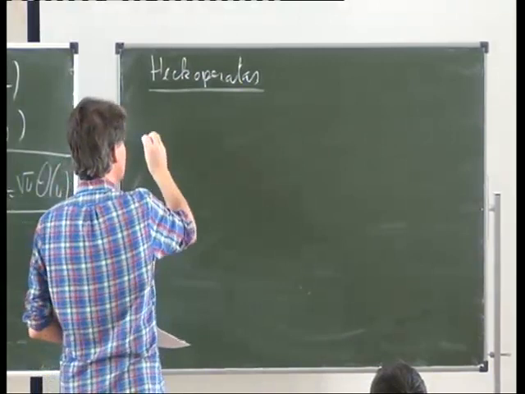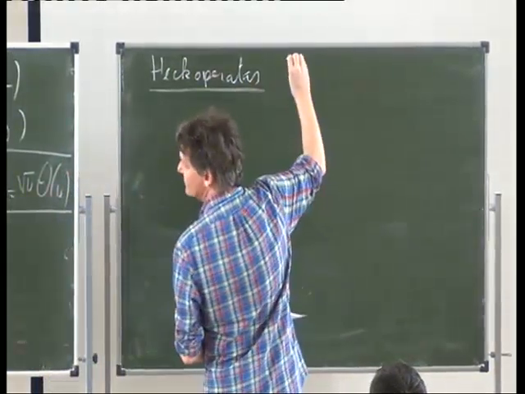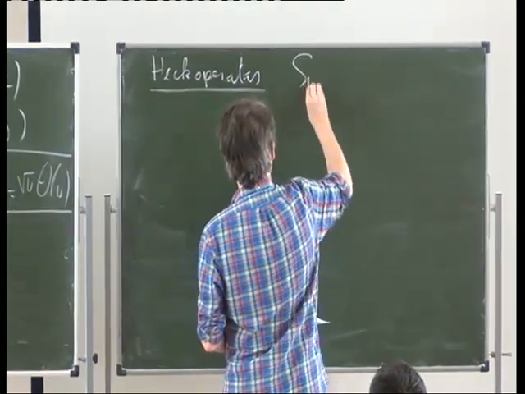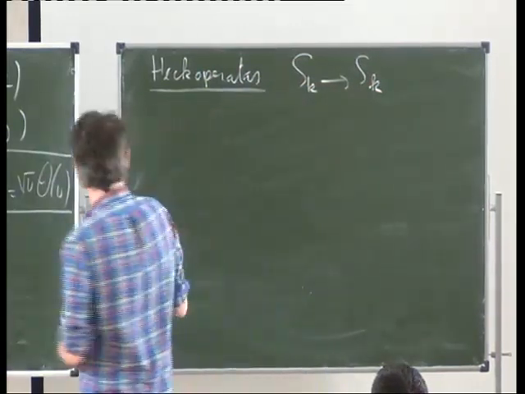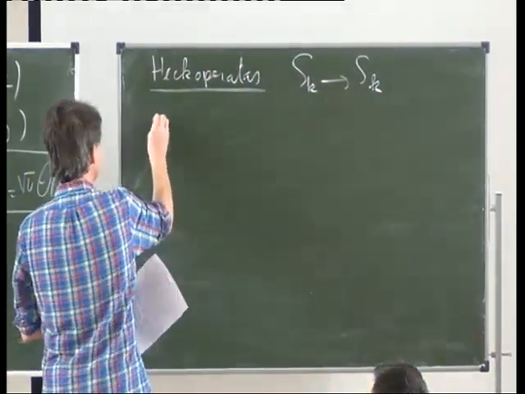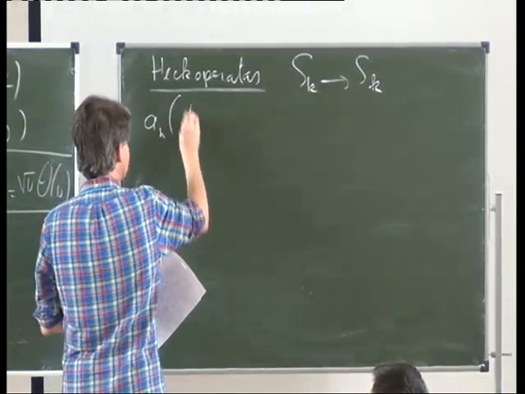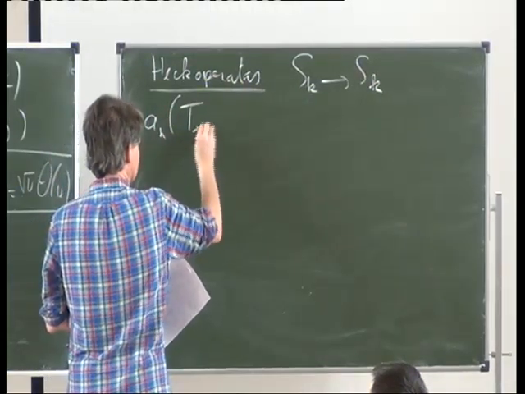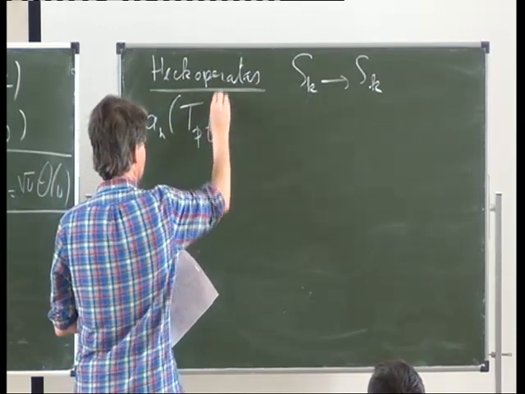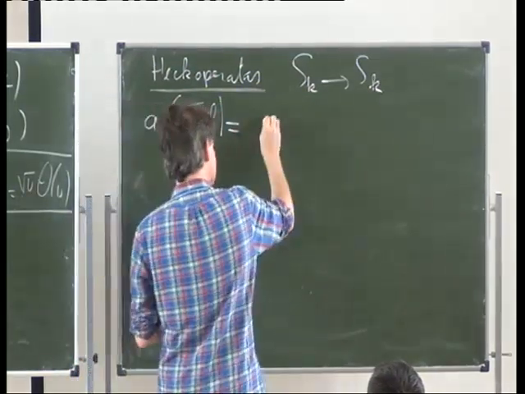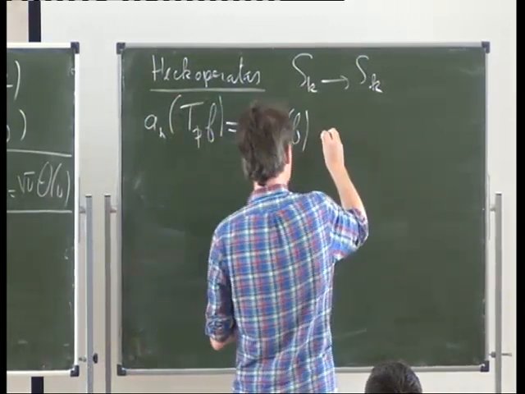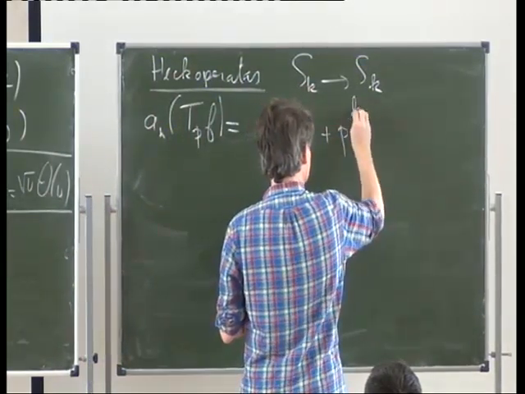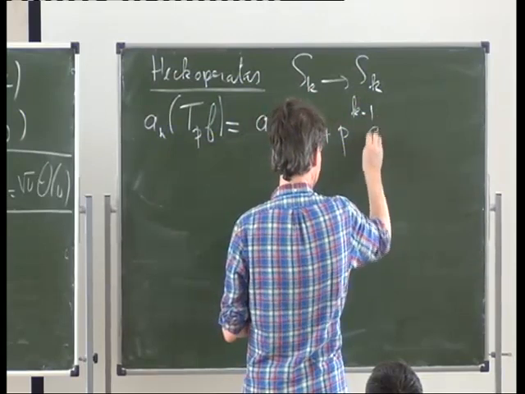It will give a transformation of S_k to S_k. I define it on the coefficients: the nth coefficient of T_p of f is a_{np}(f) plus p^{k-1} a_{n/p}(f).